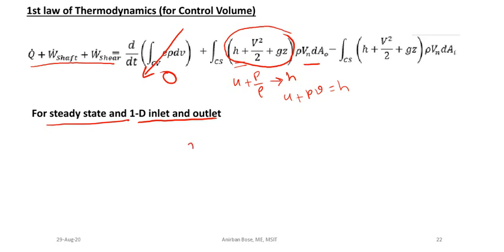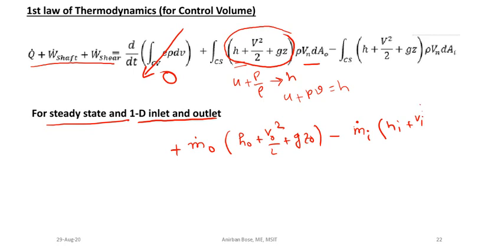So m dot O into this quantity, that is maybe HO plus VO square by 2 plus g ZO, like this. This will be the plus term, and the minus term will be m dot I into HI plus VI square by 2 plus g ZI.